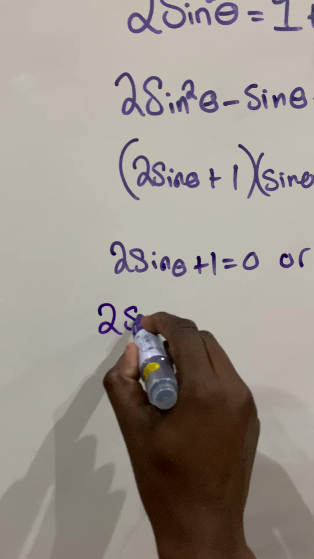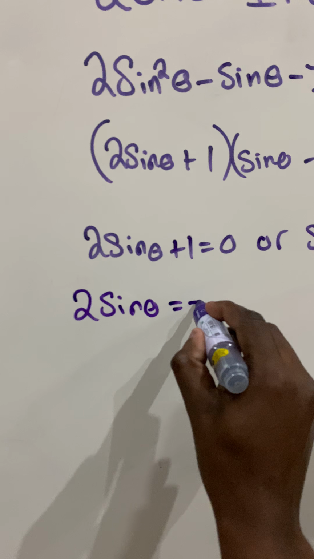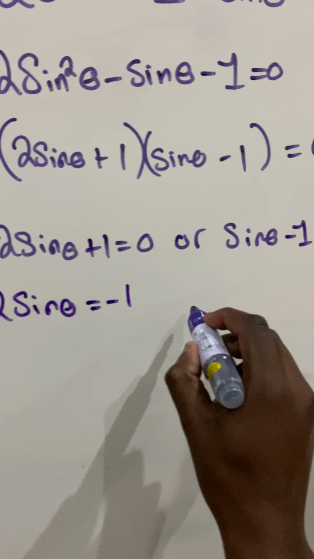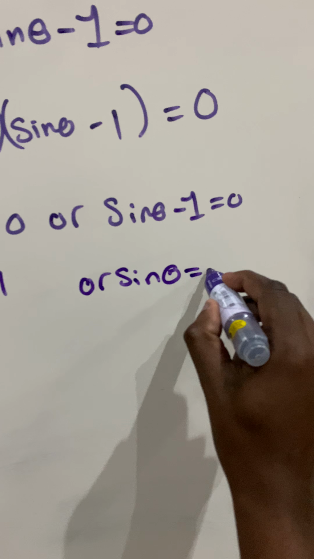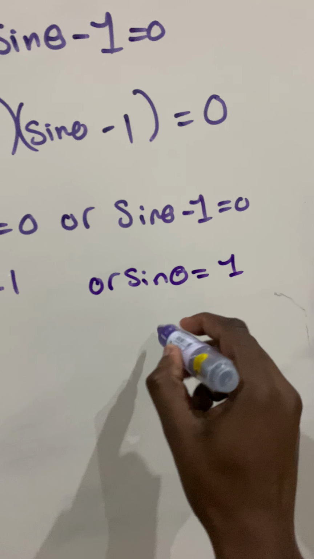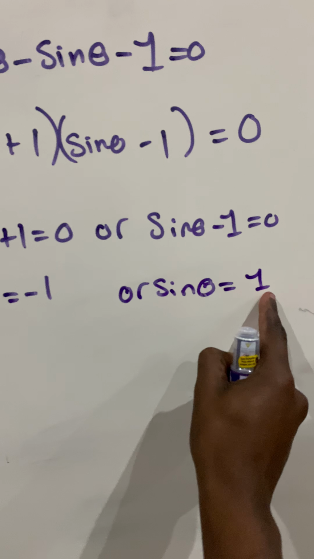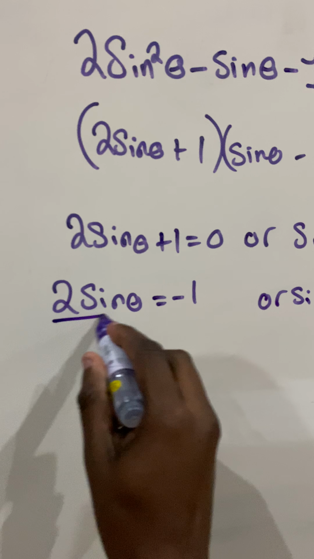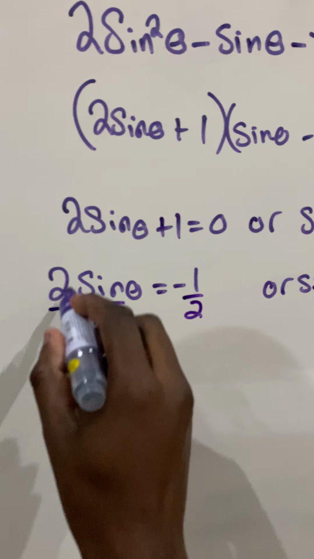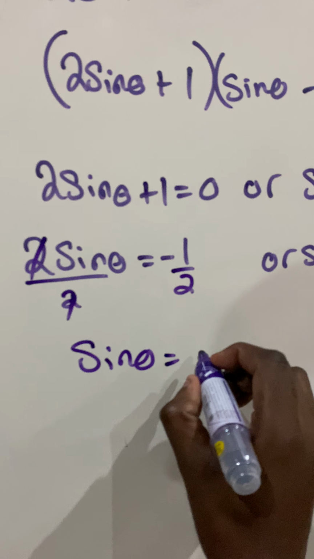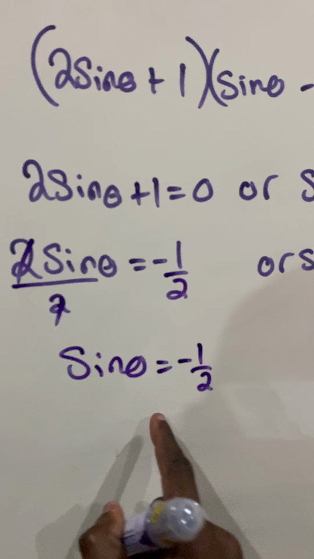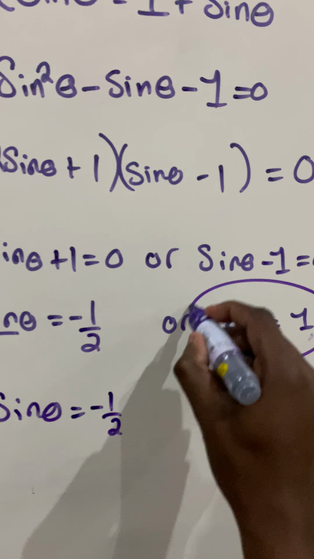So we're going to have 2 sin theta is equal to negative 1 on the other side. And then this one, sin theta is equal to positive 1, just like that. So this one is isolated. So sin is equal to 1. And then here we still have to divide by 2 both sides. Therefore, sin theta is equal to negative 1 over 2. And so these are our two solutions.